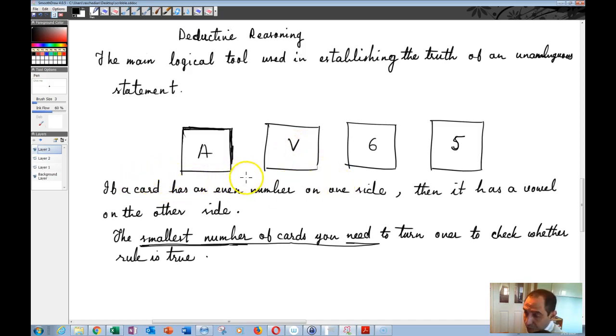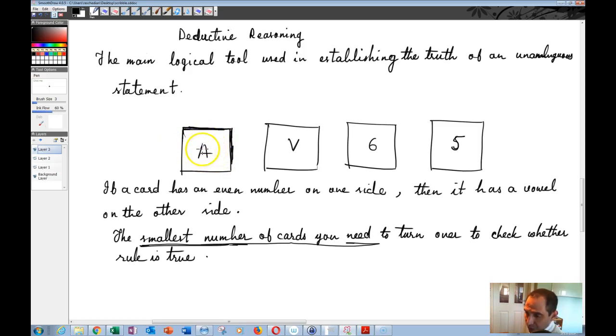So now you need to read the rule over here, and the rule says that if a card has an even number on one side, then it has a vowel on the other side. So then, based on this rule, do you have to turn over this card over here that tells A over here?